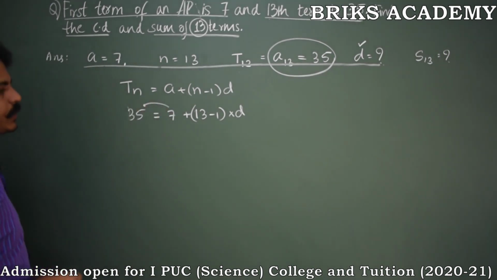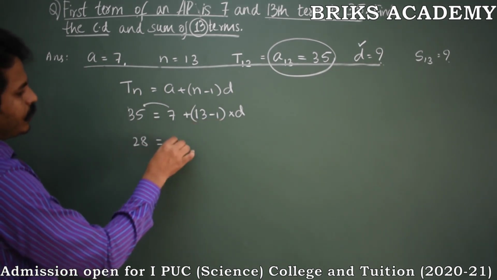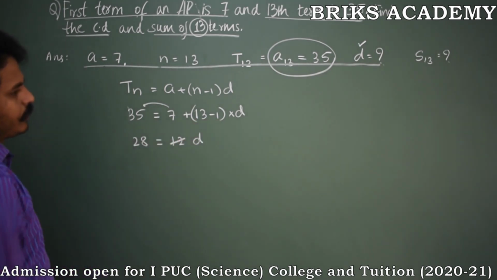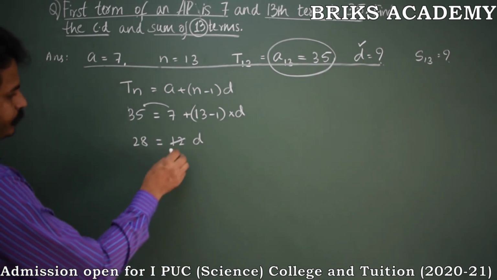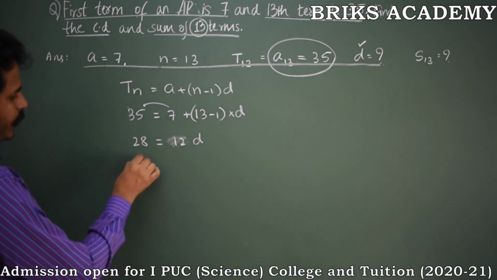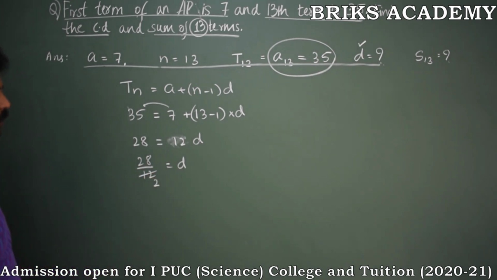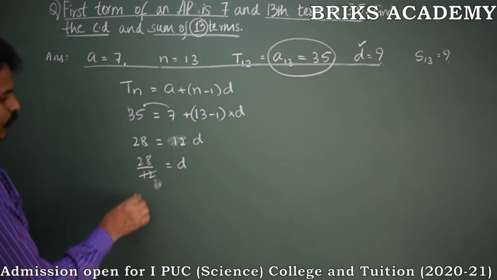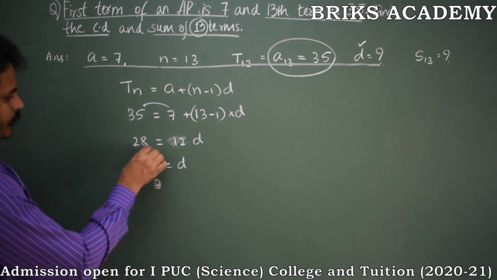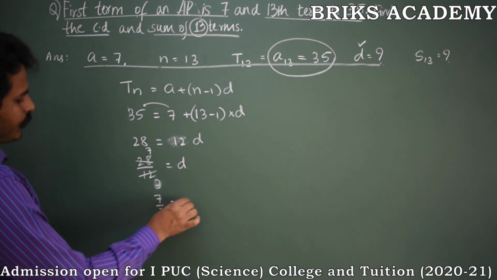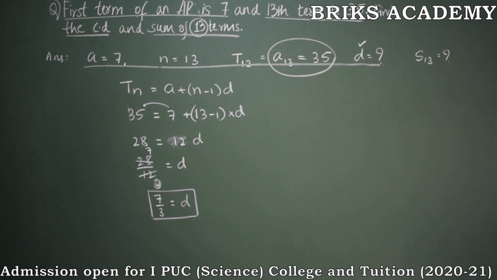If I take this side, it becomes 35 minus 7, it is 28 equal to 13 minus 1, it is 12 into D. If I take 12 to this side, it becomes 28 divided by 12 equal to D. Cancelling, 4 threes are 12, 7 fours are 28, so that is 7 by 3 equal to D. D equal to 7 by 3.